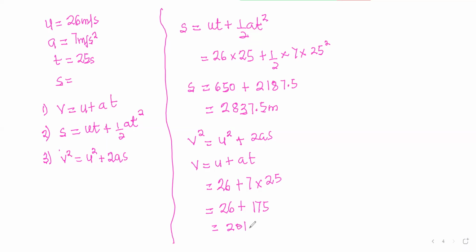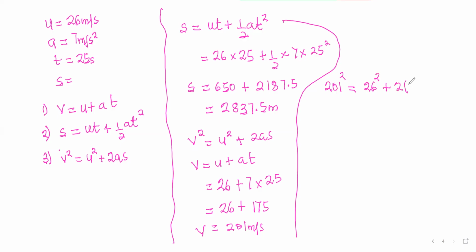Thank you for your contributions. So once we have V, then we can go ahead, use equation 3. So 201 squared is equal to U, which is 26 squared plus 2 times 7 times S. You make S a subject.